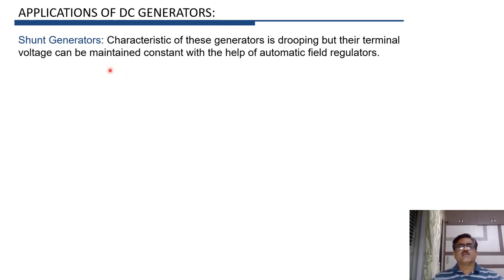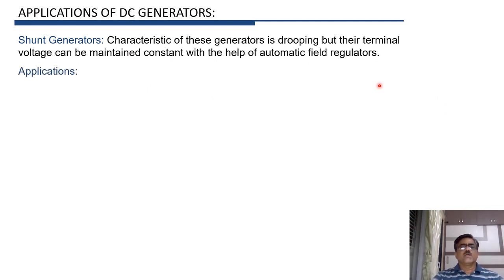So you know that in case of shunt generator, the characteristic is drooping and their terminal voltage decreases with increase in load. But the terminal voltage can be maintained constant with the help of the flux control, means by using automatic field regulators. So with automatic field current control, we can maintain the generated voltage constant.